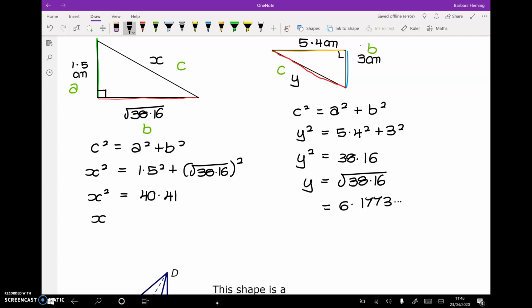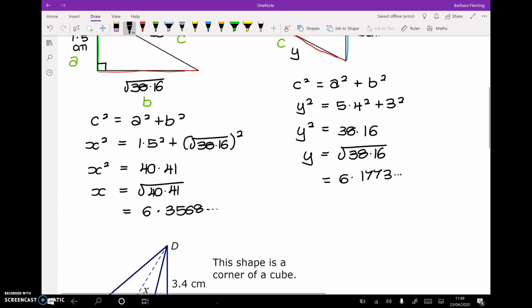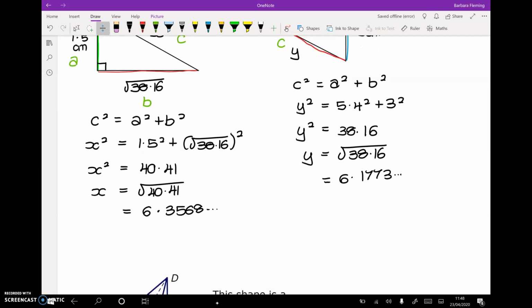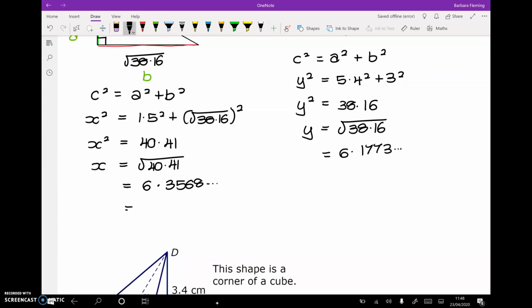And then x equals the square root of 40.41, and you can just press equals because I hadn't cleared my calculator, and you get 6.3568. Now, remember at the top it said 1 decimal place, so you need to write that to 1 decimal place, and you'll get 6.4 centimeters. And you're done and dusted.